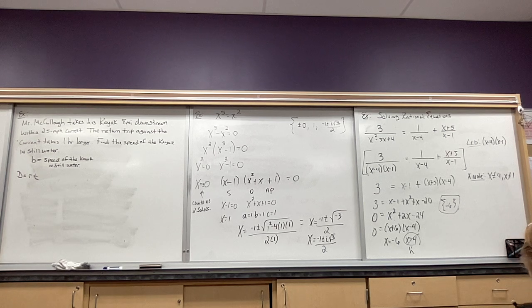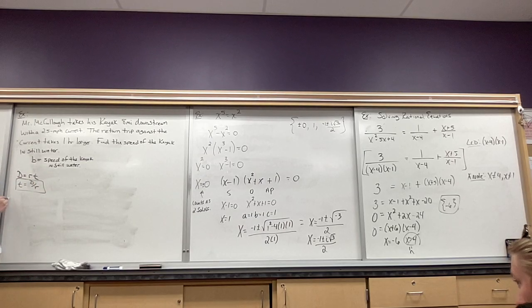But that's not going to help me find the speed yet, okay? Instead, what I'm going to do is work with the times to find the speed. So if I rearrange this, like divide both sides by r, I can find the time spent kayaking by taking the total distance and dividing it by my rate, okay?